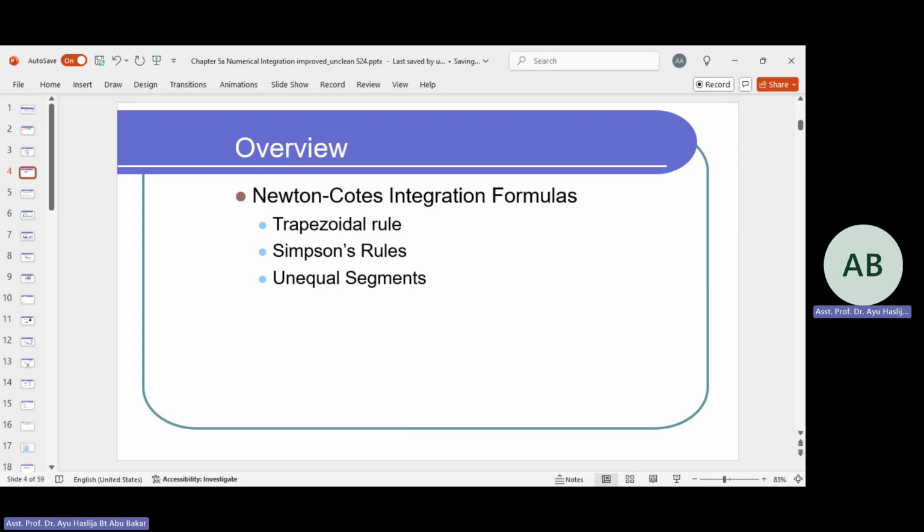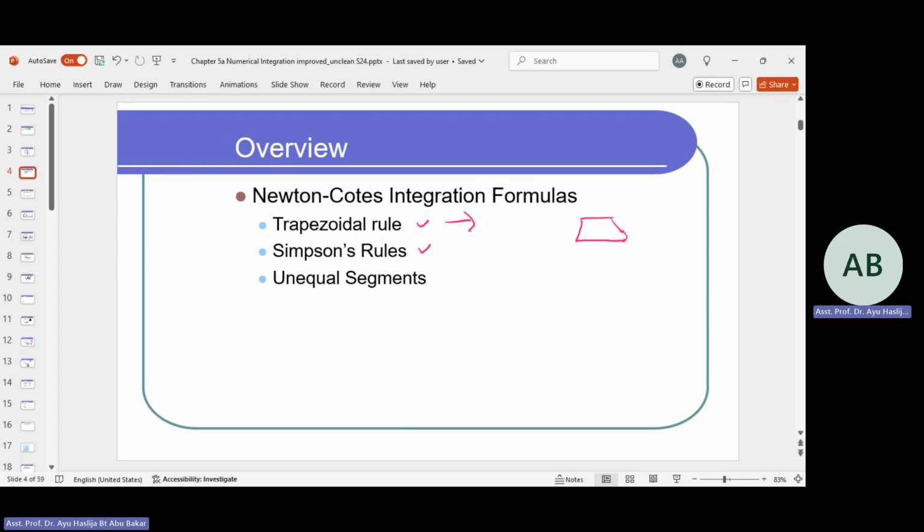Okay. Now in integrations, we will learn two rules, trapezoid and Simpson's rule. Okay, trapezoidal rule relates to the trapezium. Still remember what you learned? How to find the area of a trapezium? Julius, how to find area of trapezium?